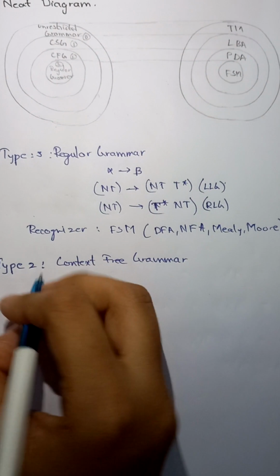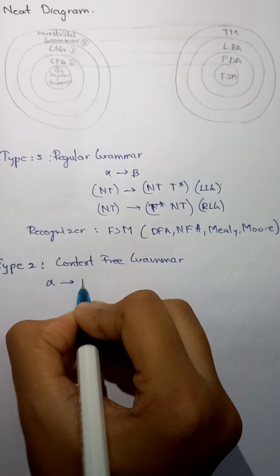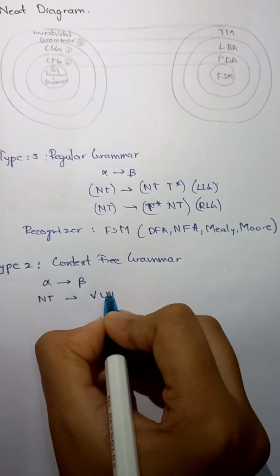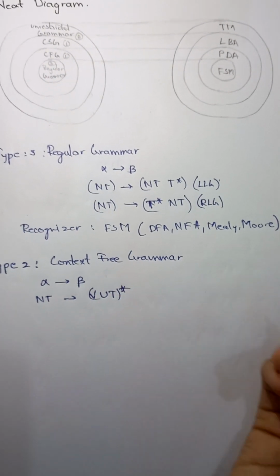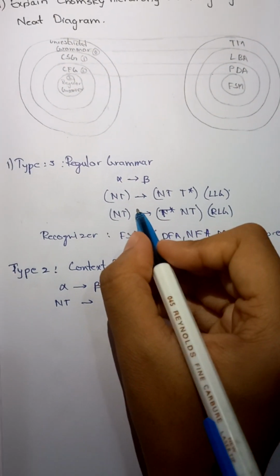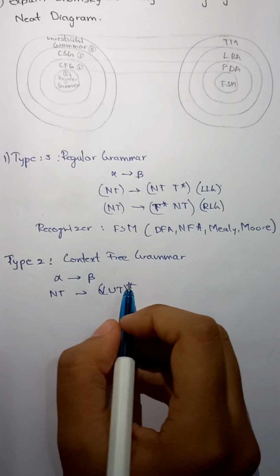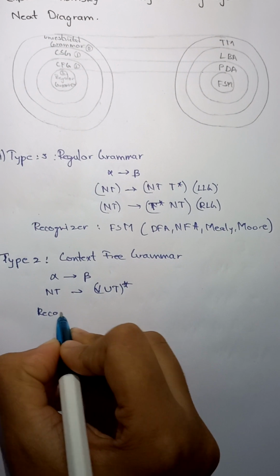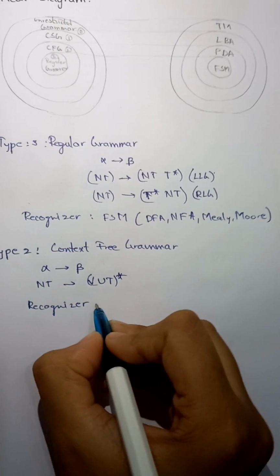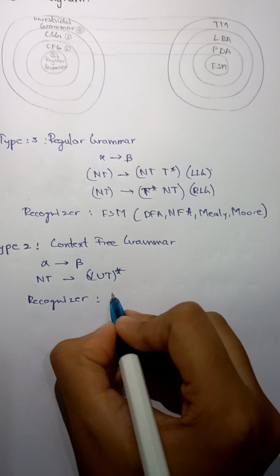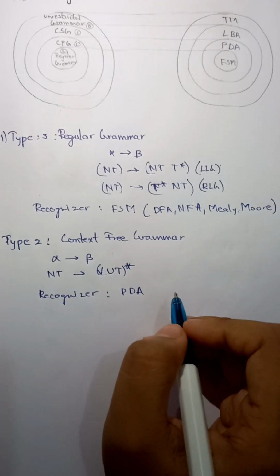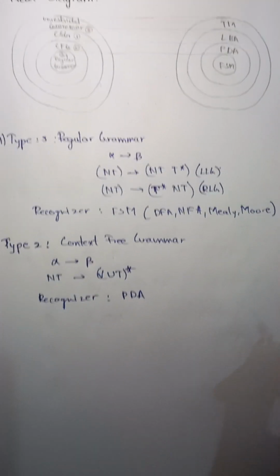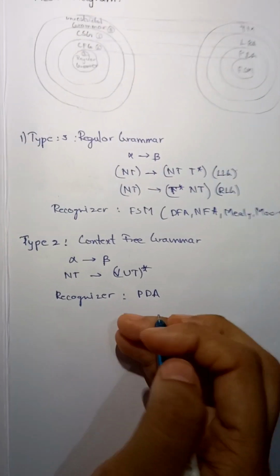For context free grammar, the production rules are of the form alpha tends to beta, where alpha is a non-terminal and beta is (V union T) whole star. All regular grammars are also context free grammars, but the vice versa is not true. The recognizer for context free grammar is push down automata. For every non-deterministic push down automata, there is no equivalent deterministic push down automata.